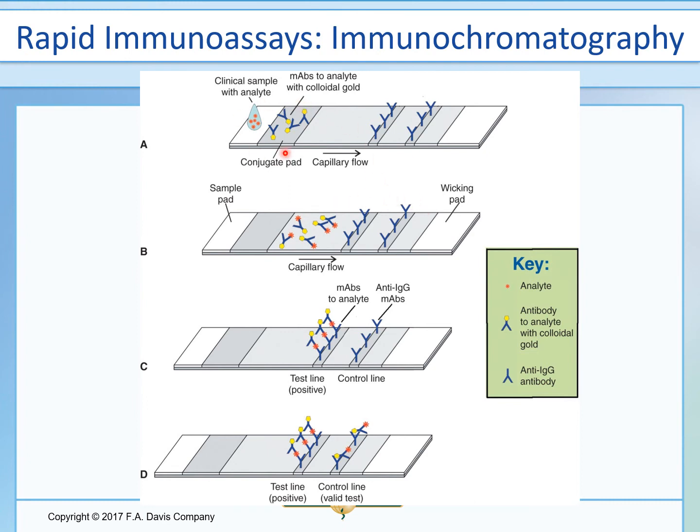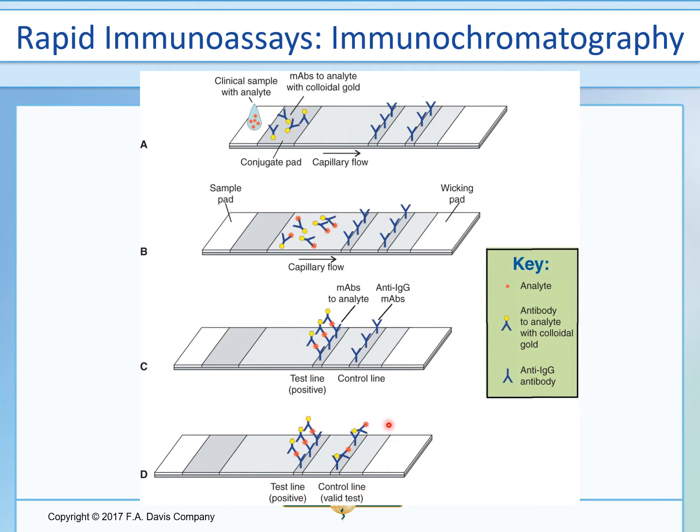So in the figure, you have your clinical sample and your antibody to the particular analyte in question with colloidal gold. As the sample is applied, it flows down the capillary by capillary action, and then a test line appears in the first portion, and in the second portion is the internal control line, which indicates a valid test.